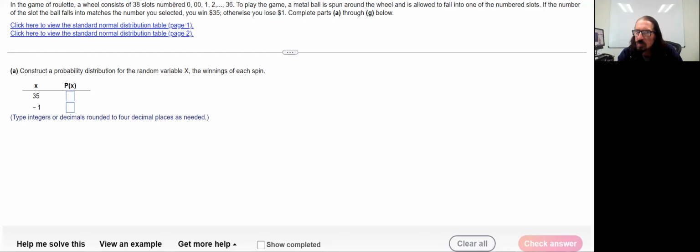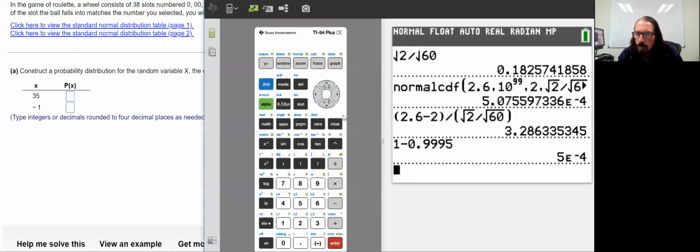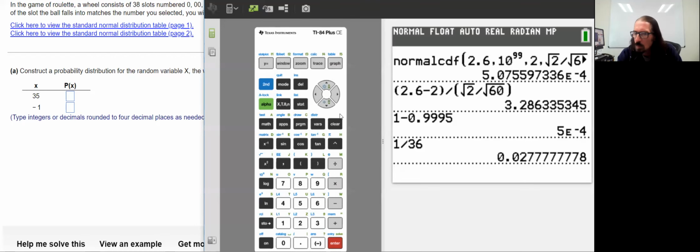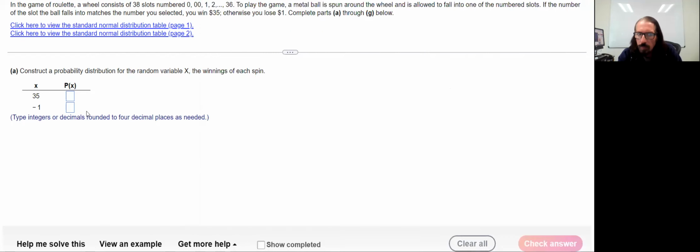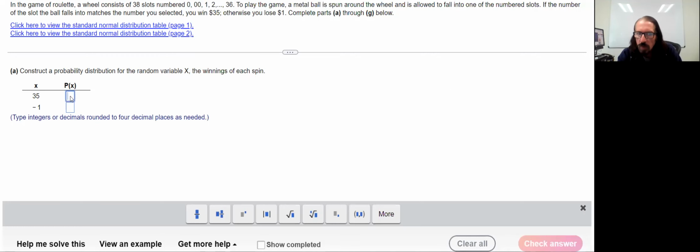I'm assuming that these 36 slots are equally likely. So the probability that you win when rounded to 4 places, win, i.e. get $35, is going to be that.